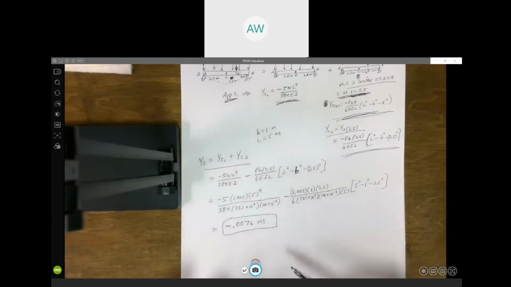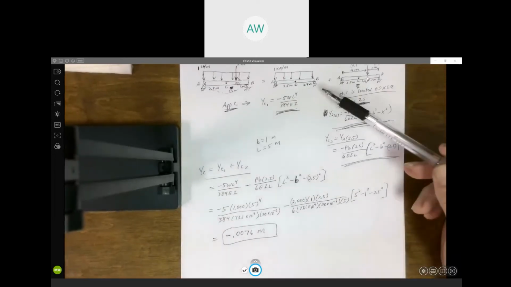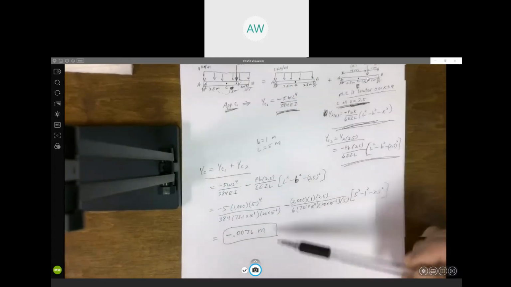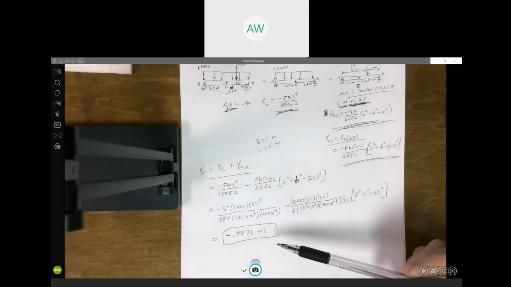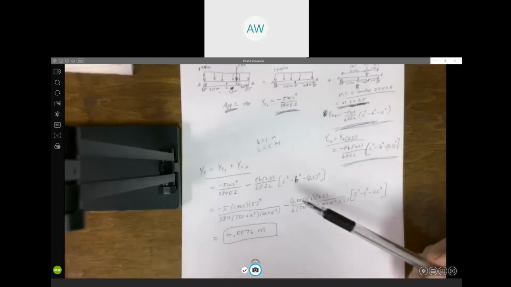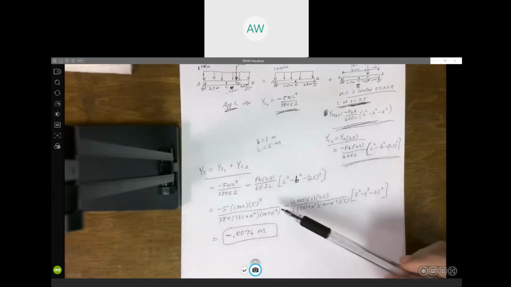But if you get something like 7.6, well, think about it. The whole beam's only 5 meters long. There's no way the center's going to move down 7.6 meters. It's going to break way before then. Again, most likely you messed up your units or somewhere.